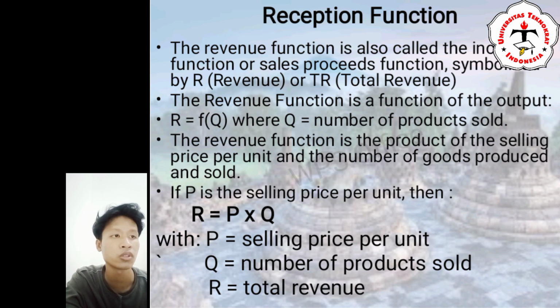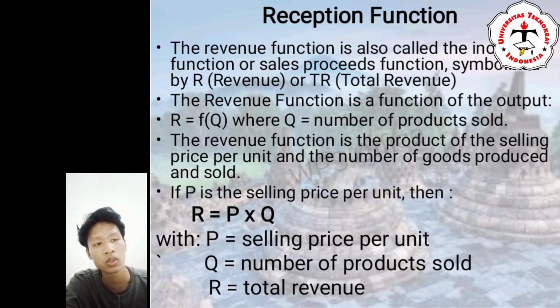The revenue function is the product of the selling price per unit and the number of goods produced and sold. If P is the selling price per unit, then R equals P times Q, with P equals selling price per unit, Q equals number of products sold, and R for total revenue.